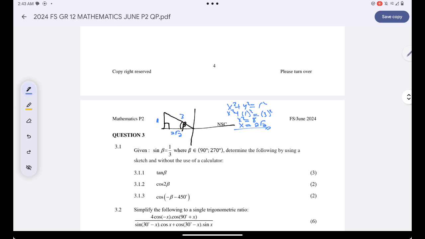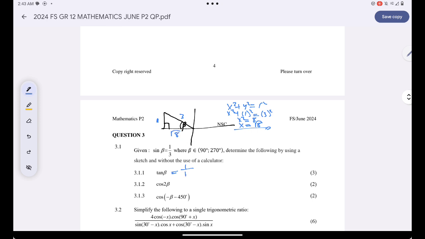They want us to find tan beta. Tan is always opposite over adjacent. So tan will be 1 over, let me just write it as root 8, guys. It will be easier for me. The square root of 8.